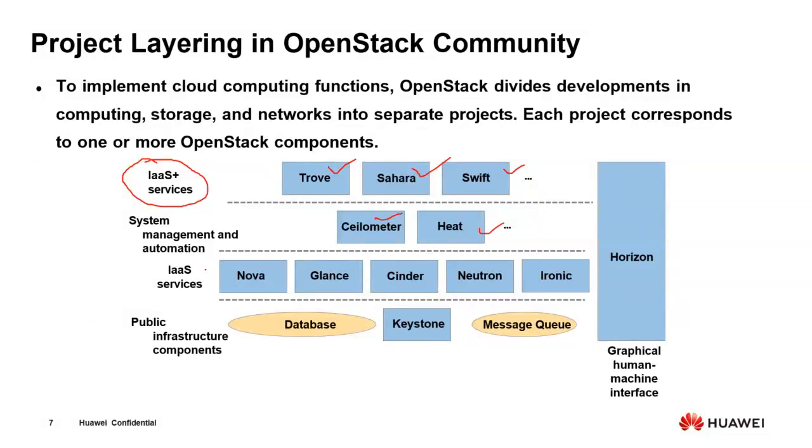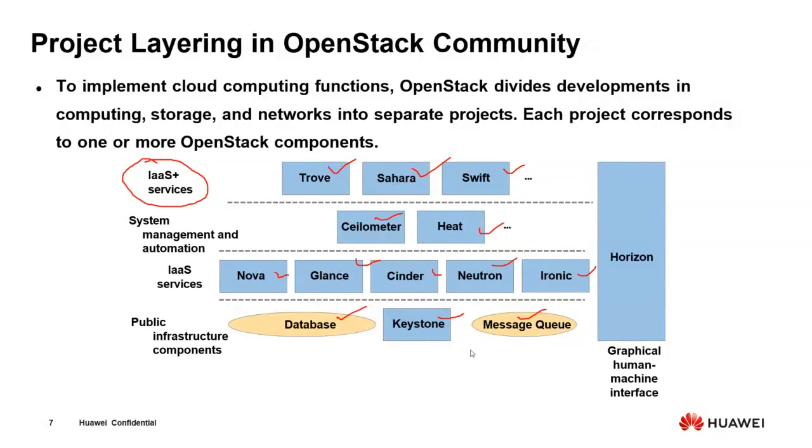Under infrastructure as a service, there's Nova, Glance, Cinder, Neutron, Ironic. All these are different plugins in the project that we can use. Then, to create and manage a public cloud, it has features for database, for Keystone, and for message queuing.